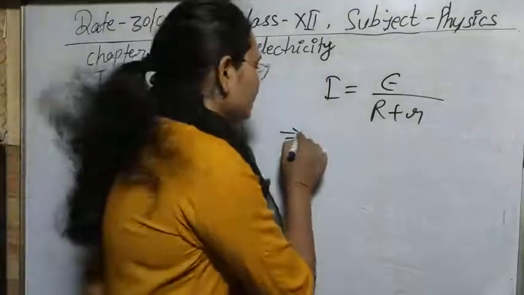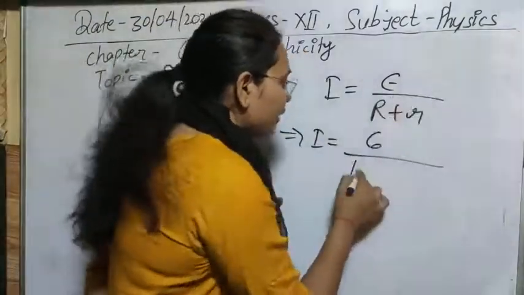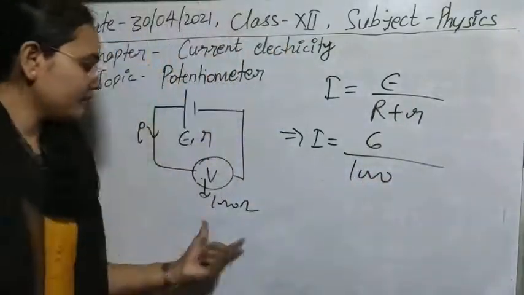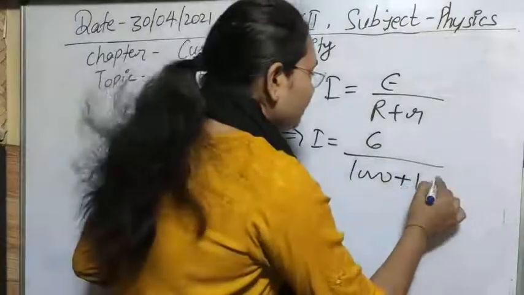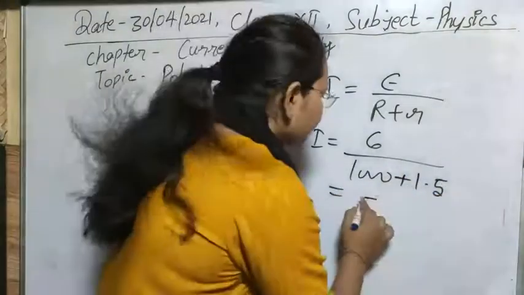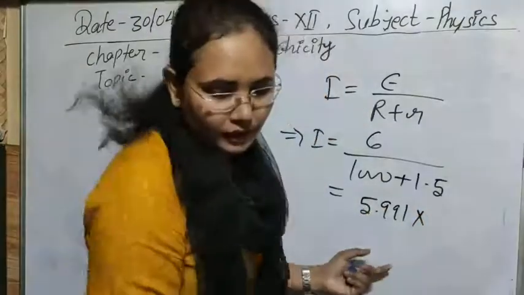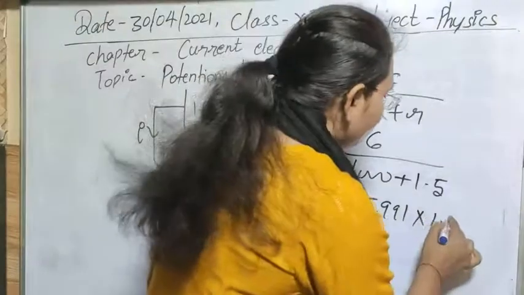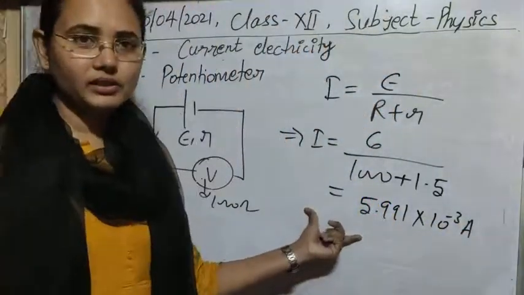So let's write down the values here. The value of epsilon is given, this is 6. The value of capital R is 1000 ohm, and the value of small r is given as 1.5. Now if you solve it, its value is obtained as 5.991 into 10 to the power minus 3 ampere. So this is the value of current flowing in our circuit.